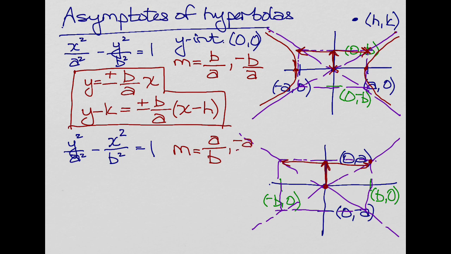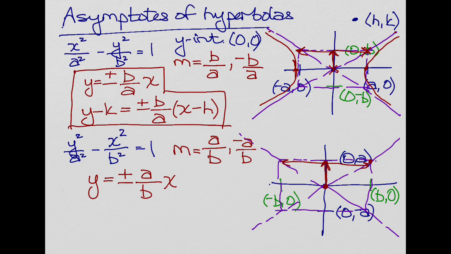So I get negative a over b, or a over negative b, it doesn't matter where the negative sign goes. My y-intercept for both of those lines is 0, 0 still, since that's one of the points on both lines, which means now my equations for a hyperbola with the y-axis as its transverse axis, y equals, I have a positive one and a negative one. Value of the slope is a over b times x plus the y-intercept, which is just 0.